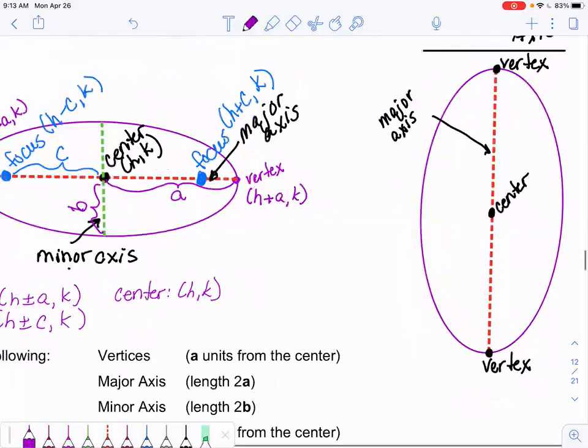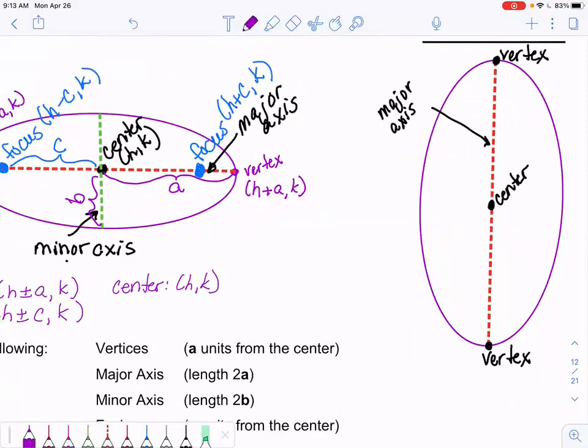So because it's going vertical, your vertex is the distance from the center to a vertex. That distance is A. It's still the same A, except now it's vertical because that A value is going to be a large value, making us go up and down.